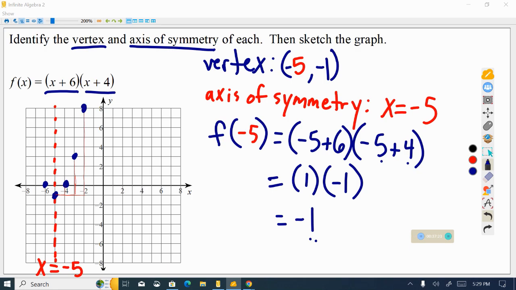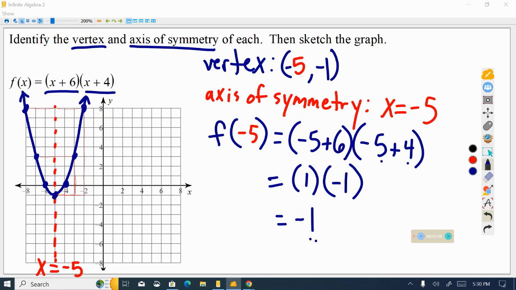And if we can practice reflecting our points across, we can see that this distance is 2, and then there's another 2. So I know those are reflected. The same way, this is 3 steps over here, so I know my other point should be over here 3 steps. And we could do the rest of those and just connect them with a smooth continuous curve.